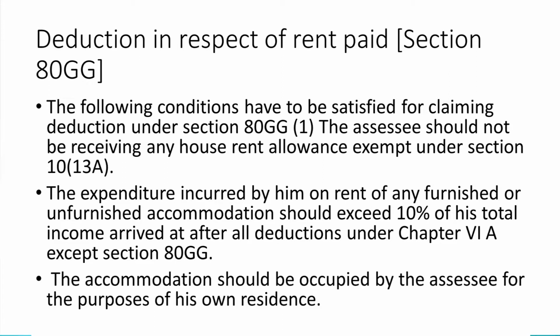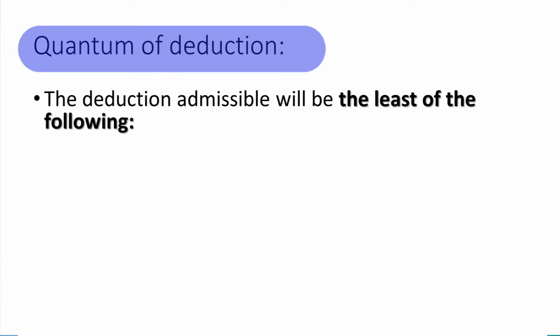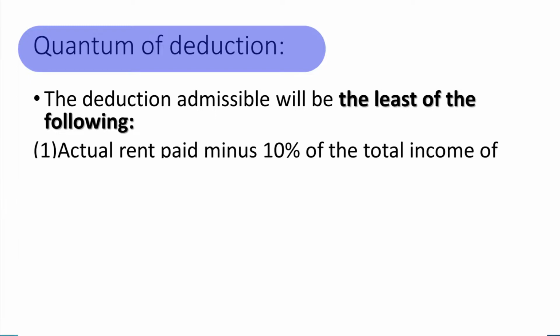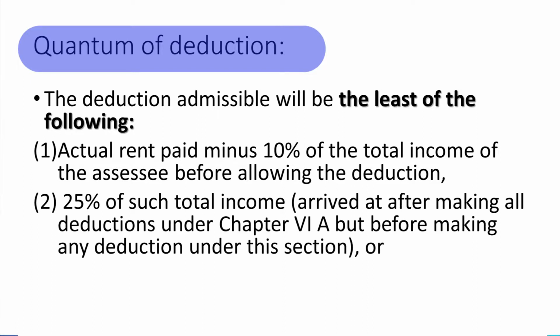The accommodation should be occupied by the assessee for the purpose of his or her own residence. If these conditions are fulfilled, the deduction admissible is the least of three. Number one, actual rent minus 10% of total income of the assessee before allowing such deduction. Number two, 25% of total income.